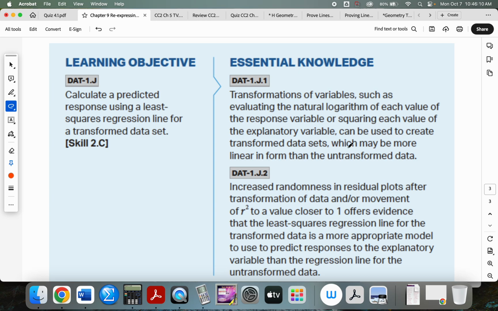Transformations of variables, such as evaluating the natural logarithm of each, and they use natural log here. Your book tends to use log base 10. It really doesn't matter. Of each value of the response value, or squaring each value of the explanatory variable, can be used to create transformed data sets which may be more linear in form than the untransformed data.